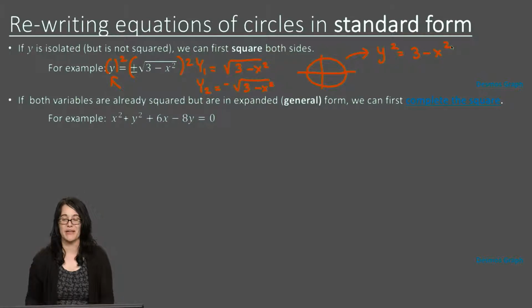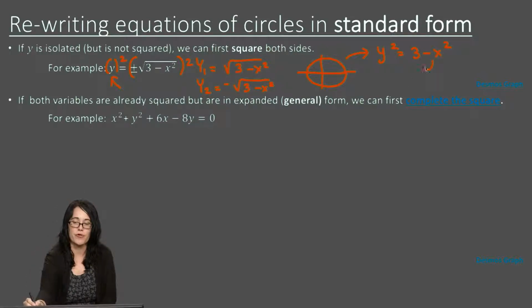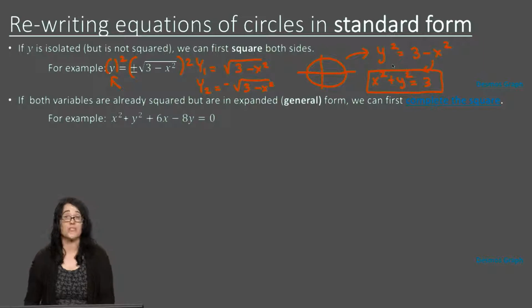That's almost in standard form. Just scoot the x squared over by adding it to both sides, and you'll get x squared plus y squared equals 3. And that is, in fact, a circle whose center is at (0, 0), and whose radius is the square root of 3, because that's r squared at 3.